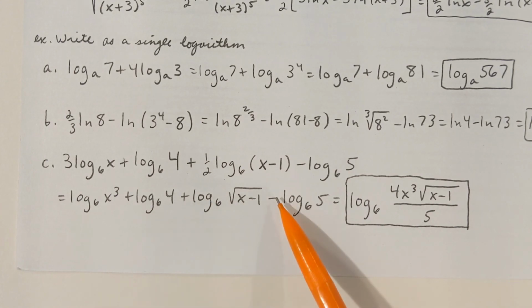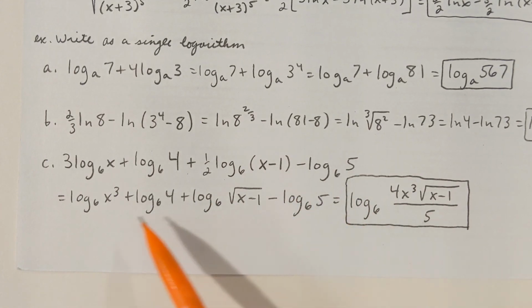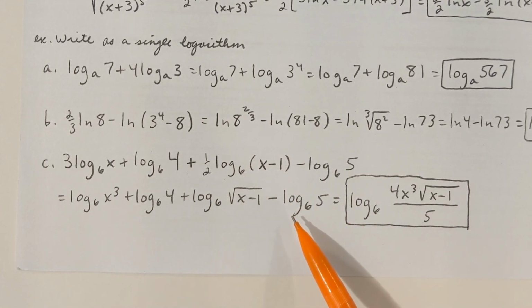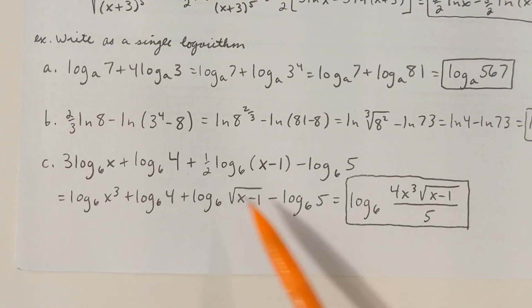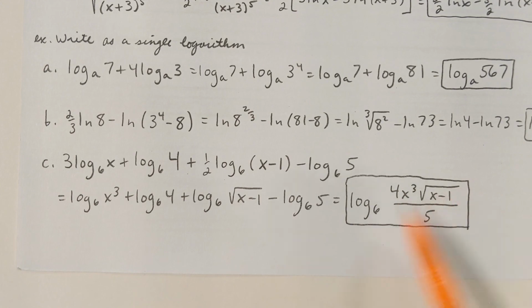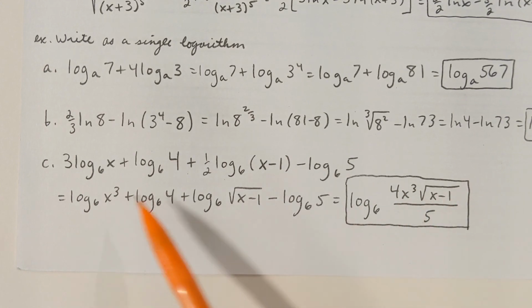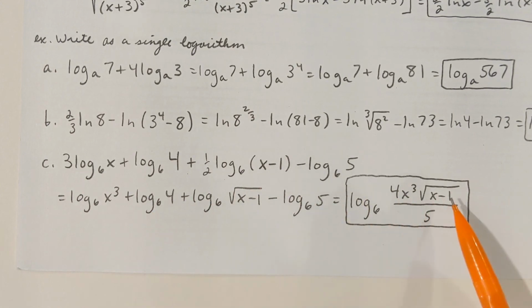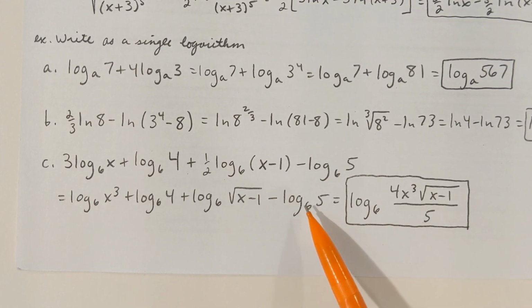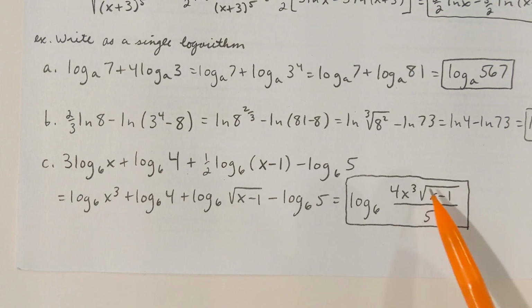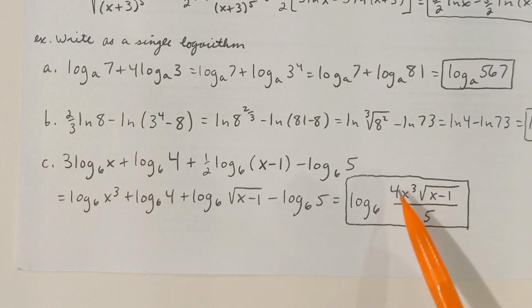And I'd say at this point now, why don't we go right to the answer, since we've got the same base throughout. The first three terms are being added, so I'd want to multiply the inner parts there. 4 times x cubed times the square root of x minus 1. And then you're subtracting log base 6 of 5. Since you're subtracting, you'd want to divide what you have inside there by 5 to complete the problem then. Okay, and we'll go ahead and stop right there for now.